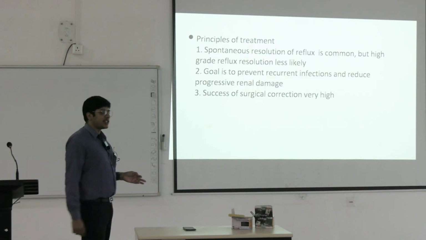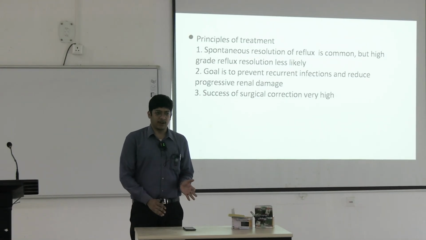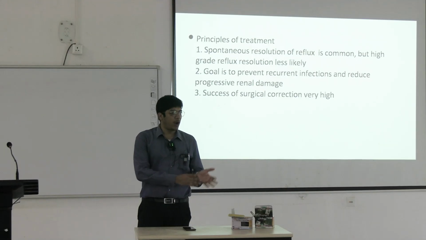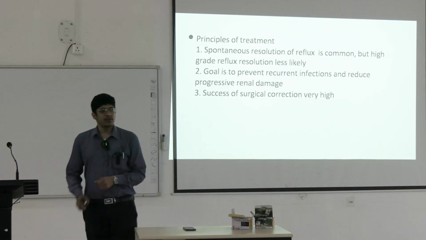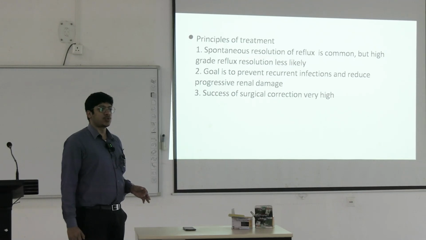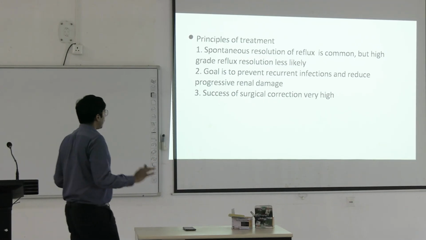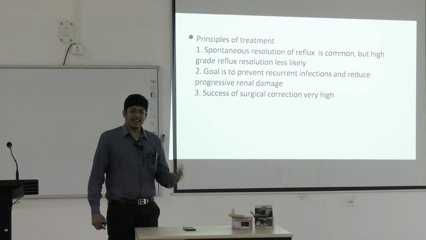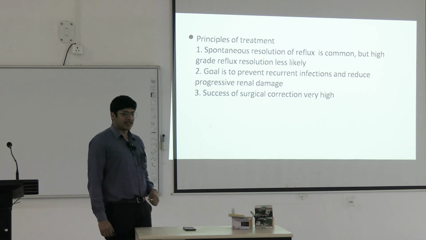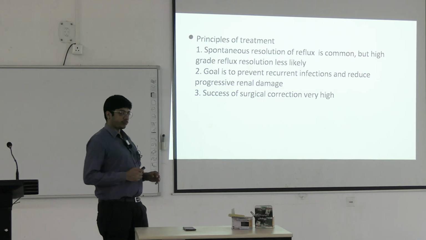If this reflux disease was diagnosed at birth and it was an early stage reflux, say grade 1 or grade 2 reflux, there is high possibility that this reflux would spontaneously resolve on its own. But with increasing grade and complexity of reflux, this rate of spontaneous resolution goes down.